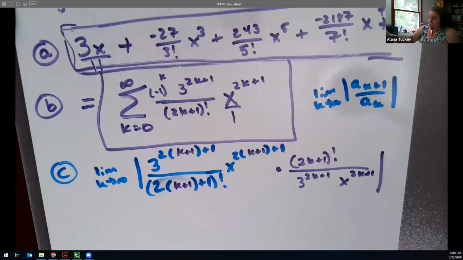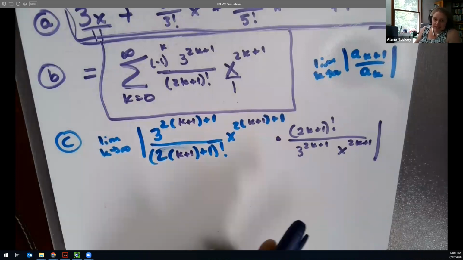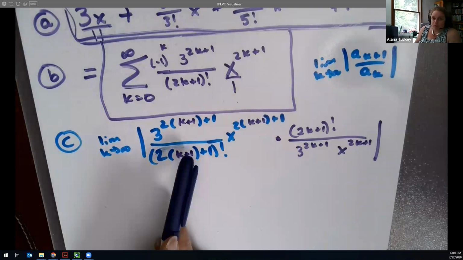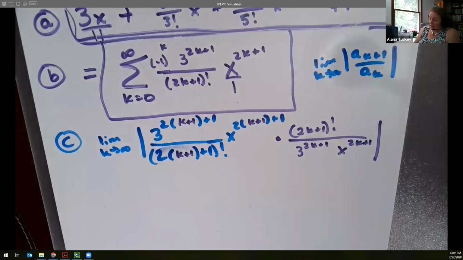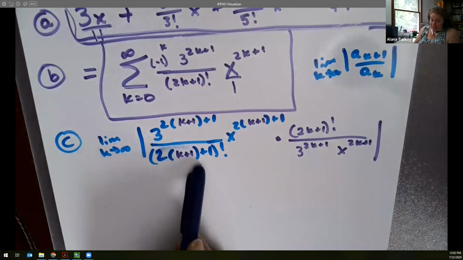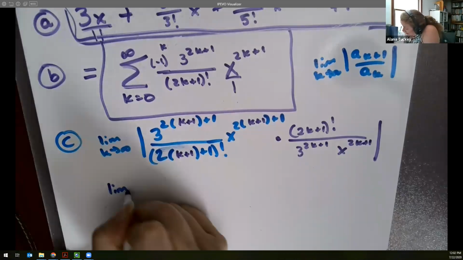Now, where a lot of people make mistakes is they don't do the 2k plus 1 correctly. It kills me because they get to this point and then they don't do algebra 1 correctly. They will forget and write 2k plus 1 and make it 2k plus 2. This is 2k plus 3. It's always the algebra, I'm not joking.